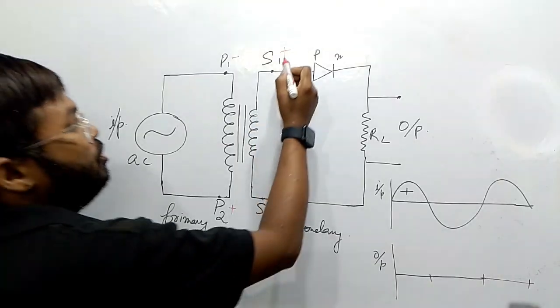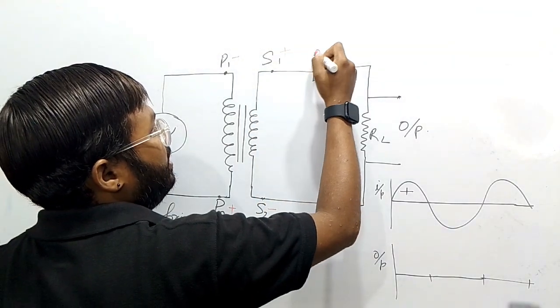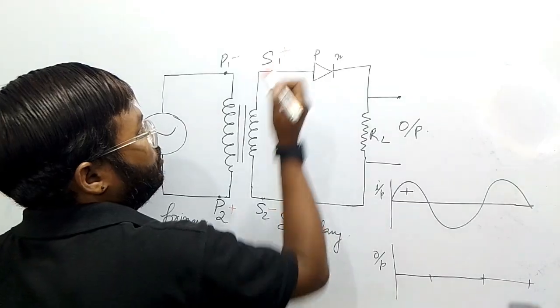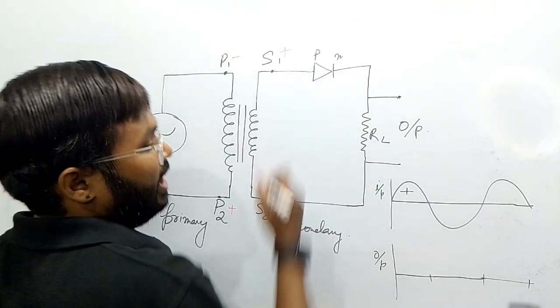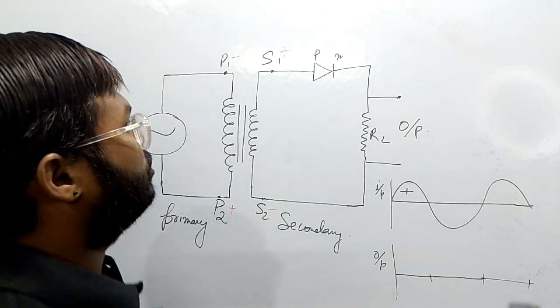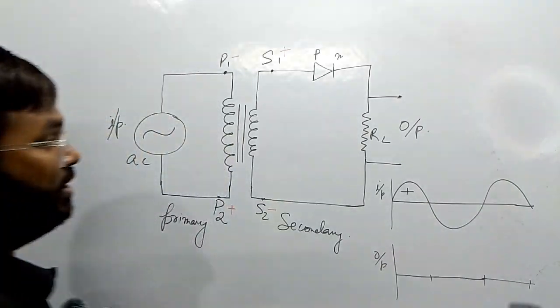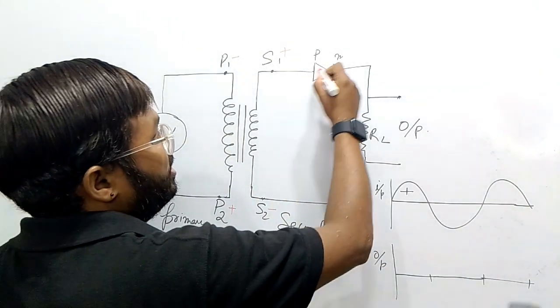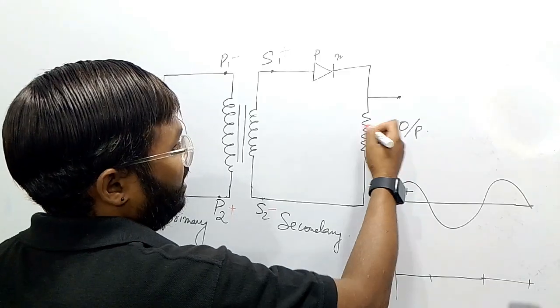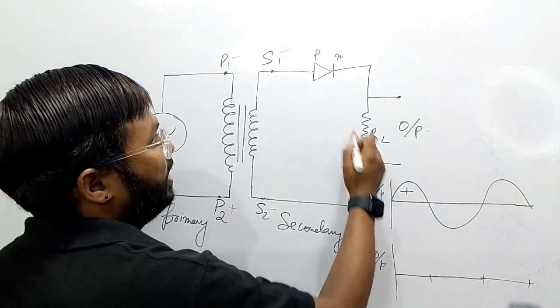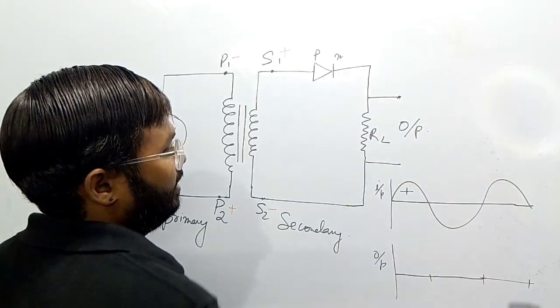So when the P terminal of this PN junction is connected to positive, obviously it will act as a forward bias. Forward bias means resistance is zero, so this will conduct and we'll get an output here.